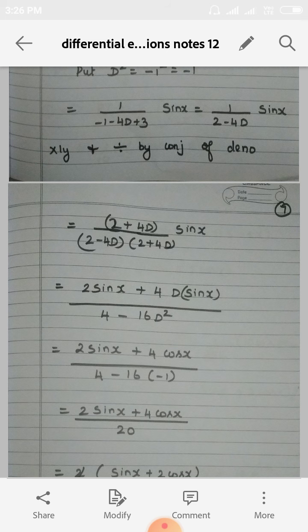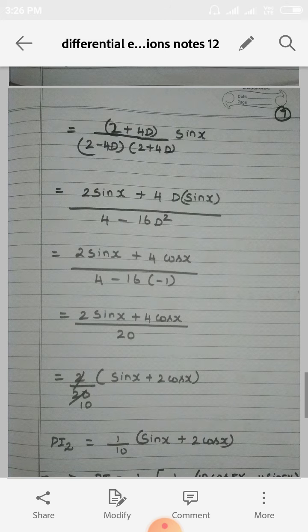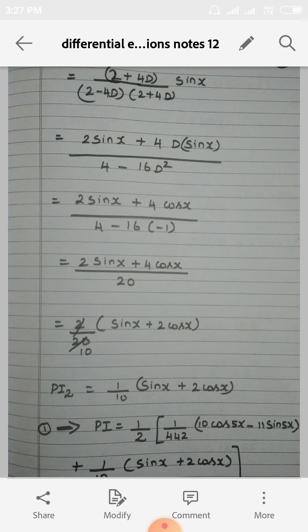So we get minus into minus plus. So 4 plus 16 we get 20. So from the numerator take 2 outside. So we get 2 into sin x plus 2 cos x divided by 20. The 20 getting cancelled, we get 1 by 10 into sin x plus 2 cos x.